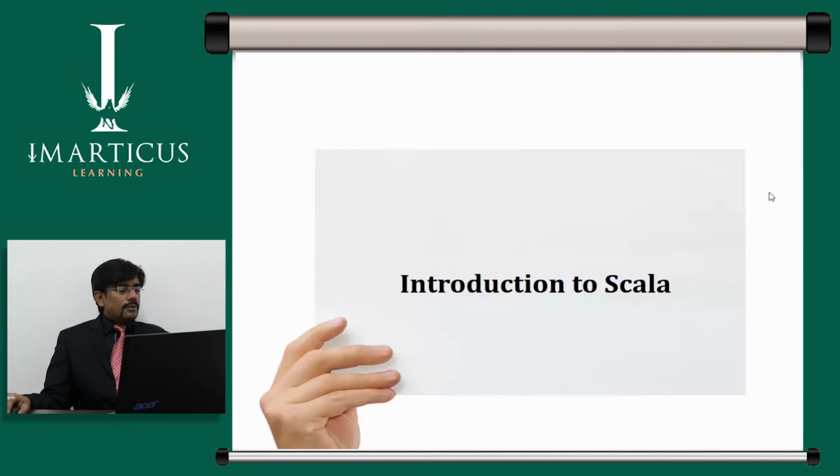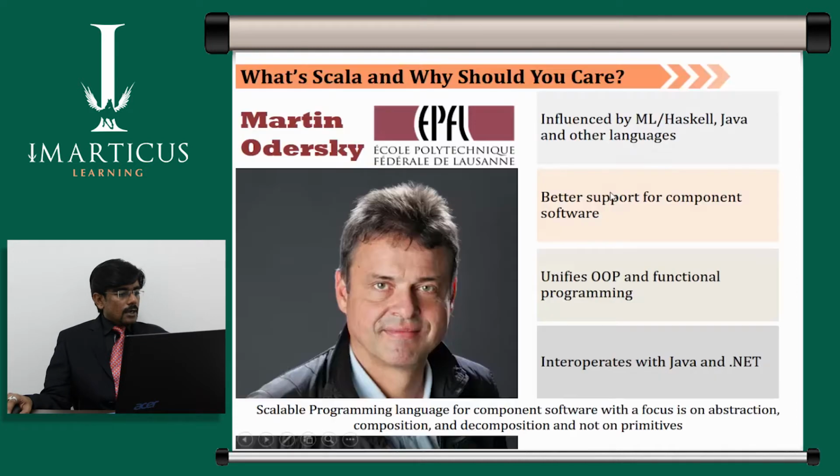Let's understand what the features of Scala are. Scala is influenced by machine learning, Java, and other languages. It was founded in late 2000s, and it has better component software support. You can see that a lot of components are there which can support Scala also. It unifies object-oriented programming and functional programming in one go.